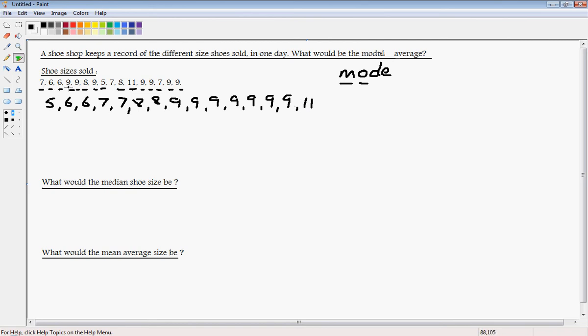Okay, now some of you are probably shouting at the screen now, I've missed a 7, so I put that 7 in. Okay, see what I mean? It's very easy to miss a number.